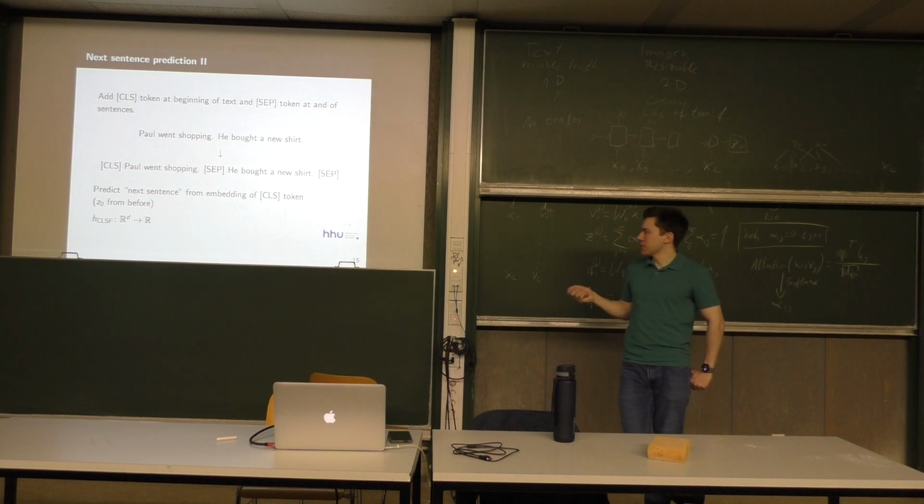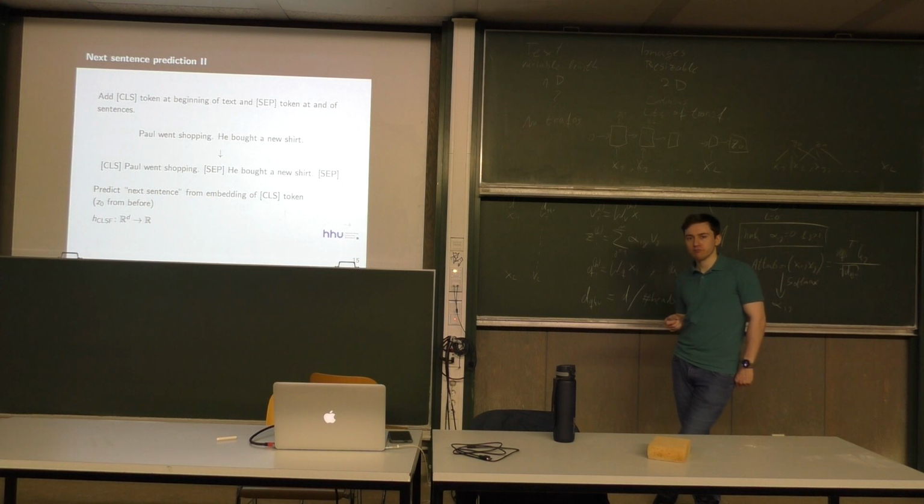So the separator in the middle is of course important, so the model knows which is the first sentence and which is the second. But even if we don't use next sentence prediction, the separation token at the end is very important for a more technical training reason. Anyone have maybe some idea? What do you think? We usually want to batch our inputs, right? We don't want to just have one example.